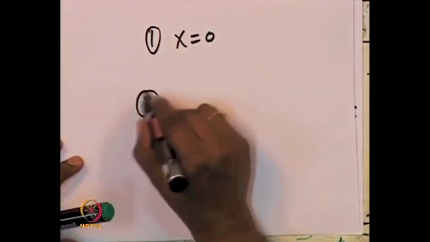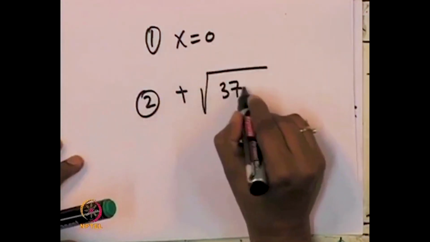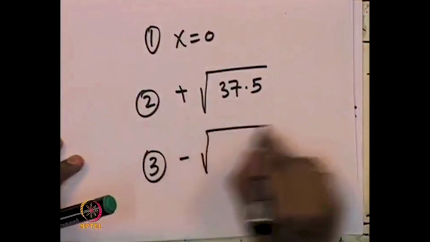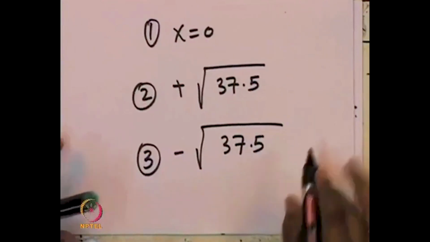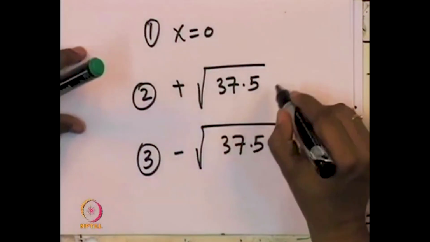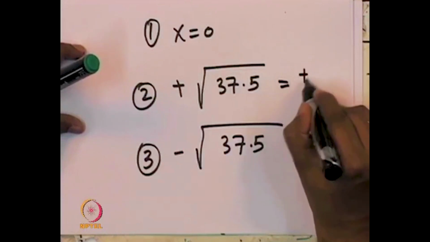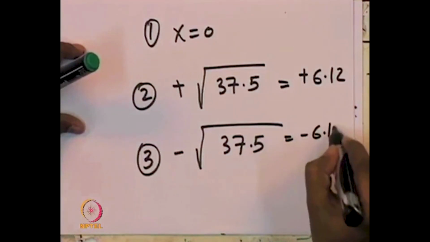The second possibility is plus root of 37.5. The third possibility is minus root of 37.5. It turns out that the root of 37.5 is 6.12, so this can be plus 6.12 and this is minus 6.12.